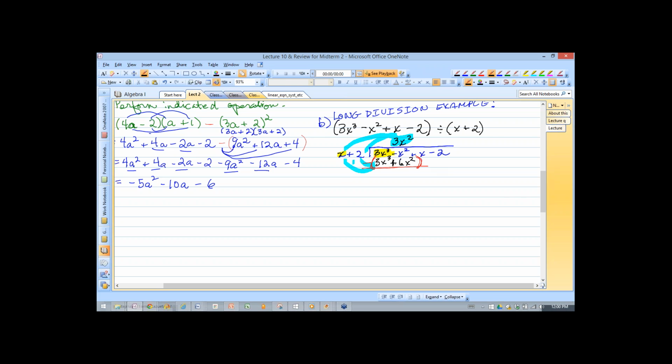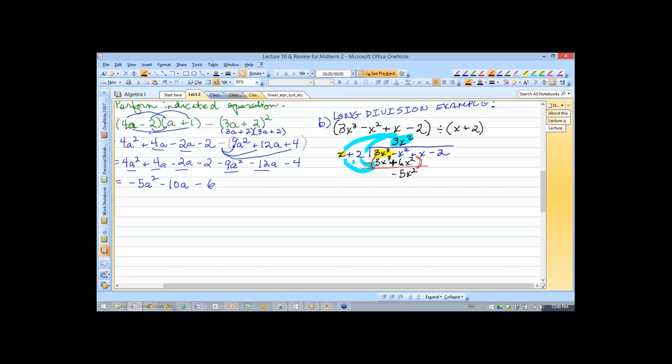I didn't just change that; this is what it was when I put it there. So we're going to have negative x squared, and it'll become minus 6x squared, which becomes minus 5x squared.